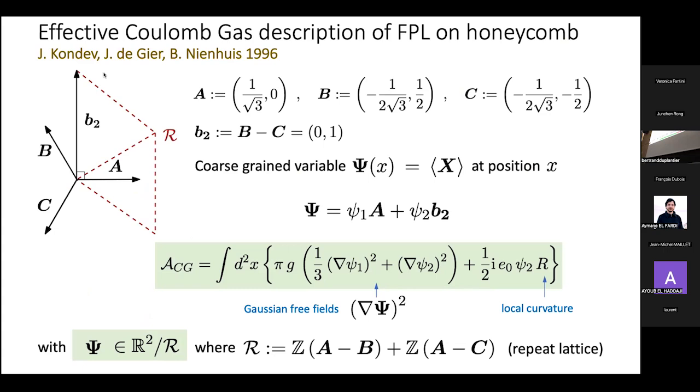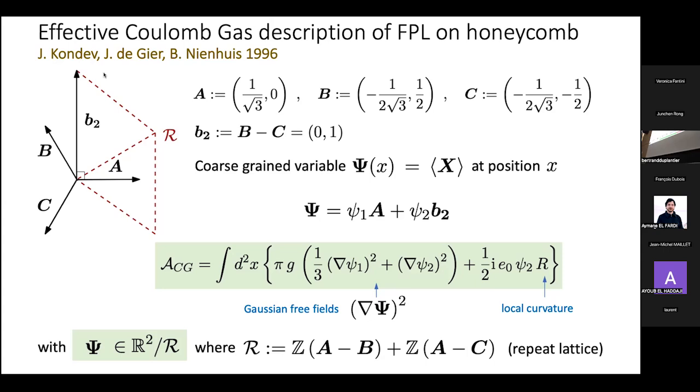So you take this set of vectors here, A plus B plus C equals 0. So you define B2, which is B minus C, 0, 1. So you have a nice Cartesian coordinates. And then you define A like this, B like this, C like this.